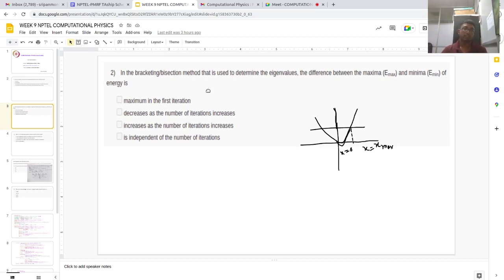There are four options here. One is the maximum in the first iteration, and then decreases as the number of iterations increases, and independent of number of iterations. So which ones are correct for this question?